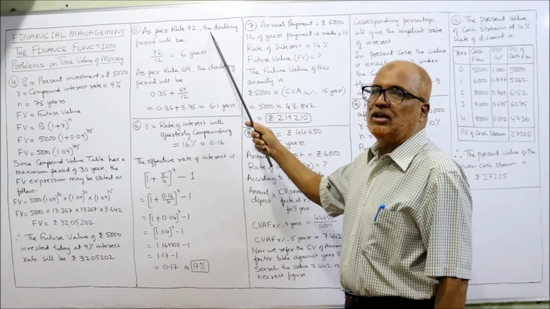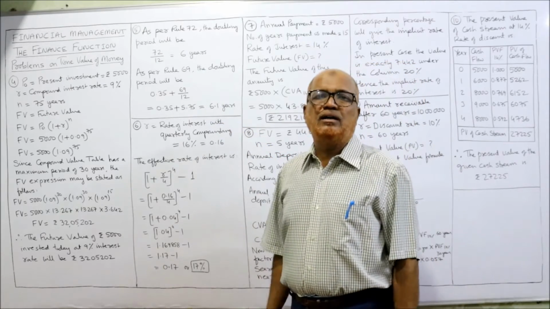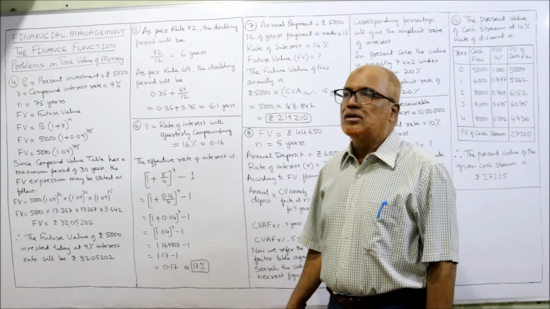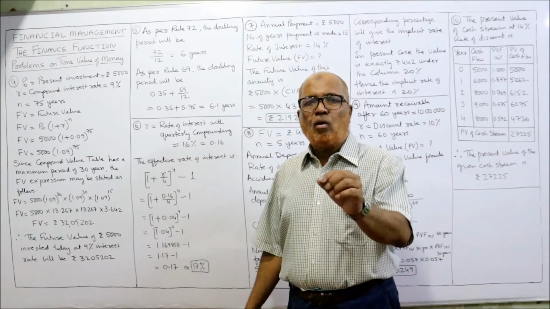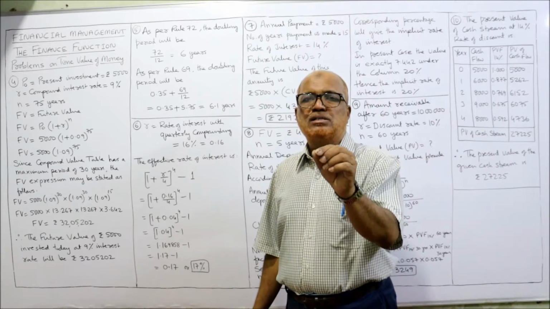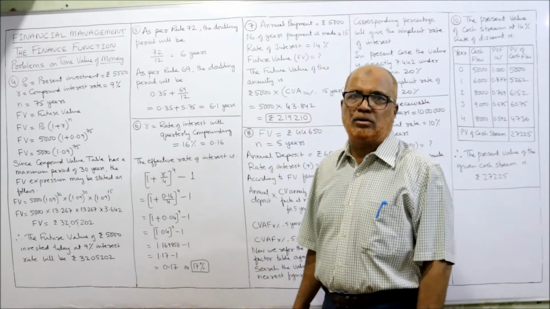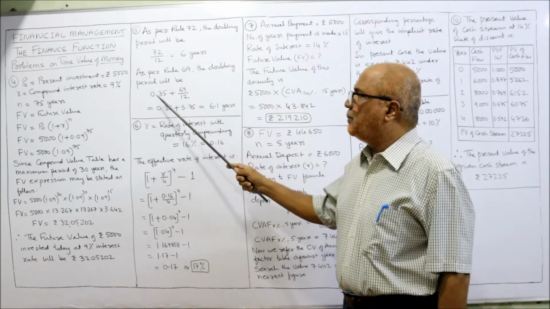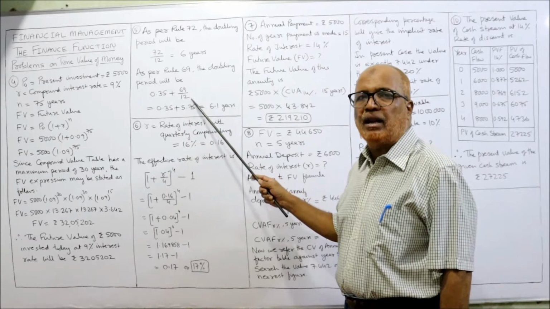As per rule 72, the doubling period will be 72 divided by rate of interest. The rate of interest is 12%. So 72 by 12, it comes to 6 years. So according to rule 72, 6 years are required for doubling the amount. Similarly, as per rule 69, the doubling period will be 0.35 plus 69 divided by rate.